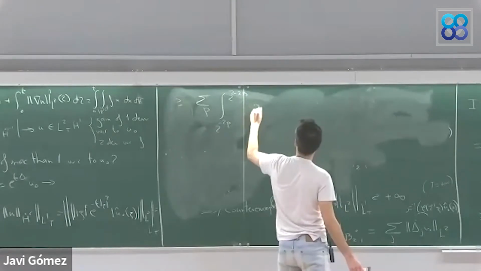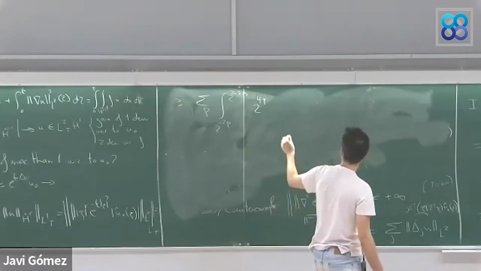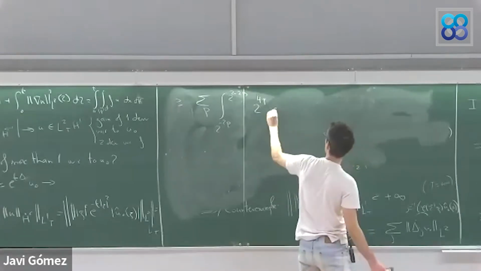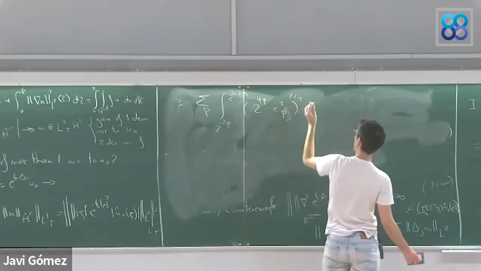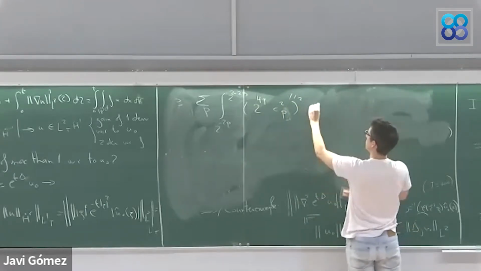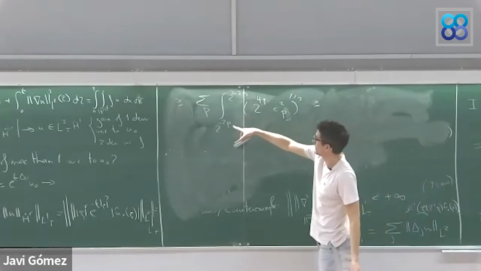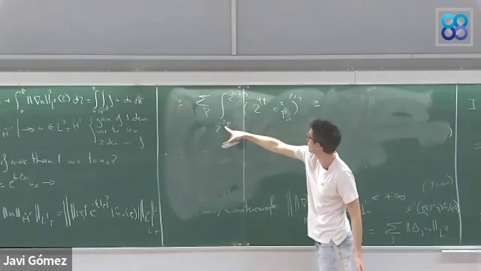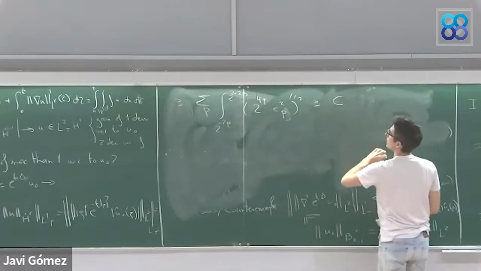And now we only keep Q equal to P. So this one disappears. C P squared, 1/2. We already do the integral. This is a factor of 2 to the minus 2p, which disappears with this one. So some constant.